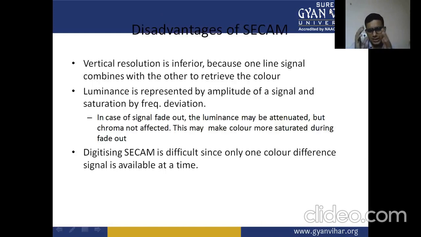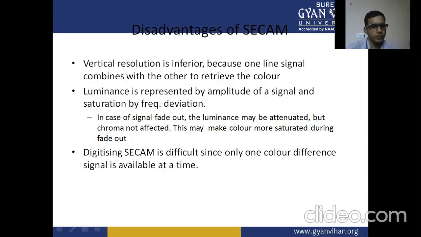Now we have some disadvantages of the SECAM scheme. The vertical resolution is inferior because one line signal combines with the other to retrieve the color. Luminance is represented by the amplitude of a signal and saturation by frequency deviation.